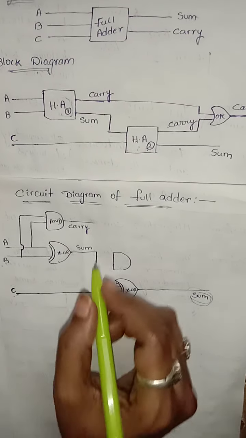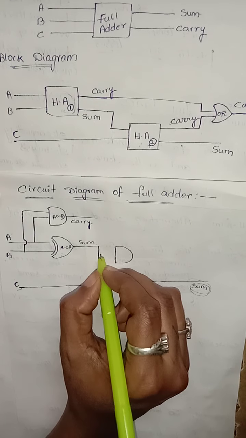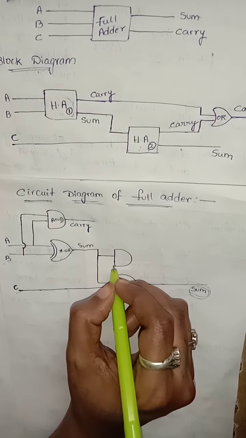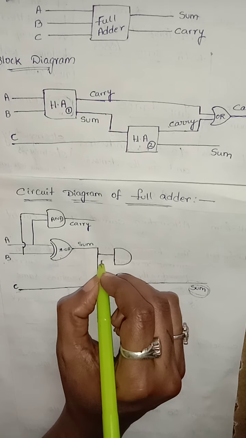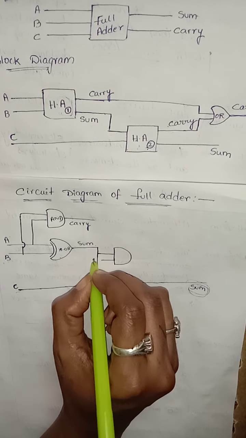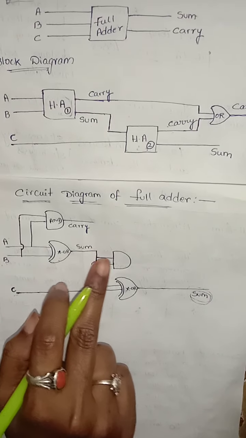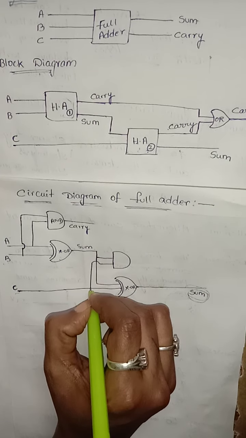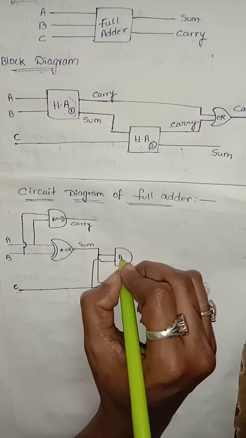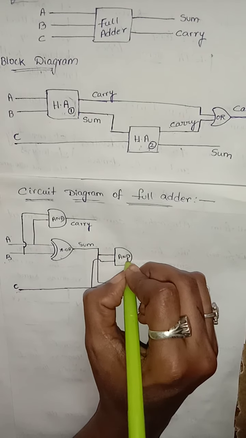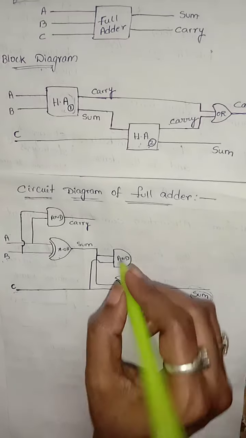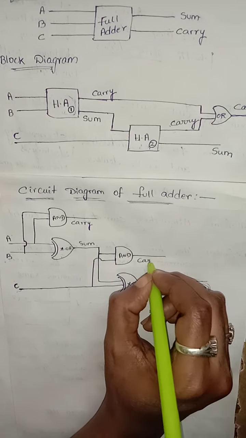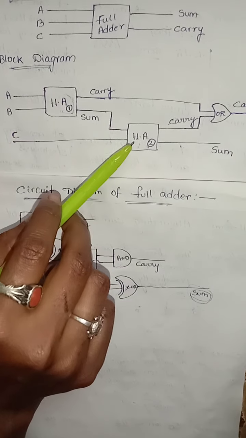For this AND gate, one input is the sum and another input is C. Here, this is the carry of the second half adder.